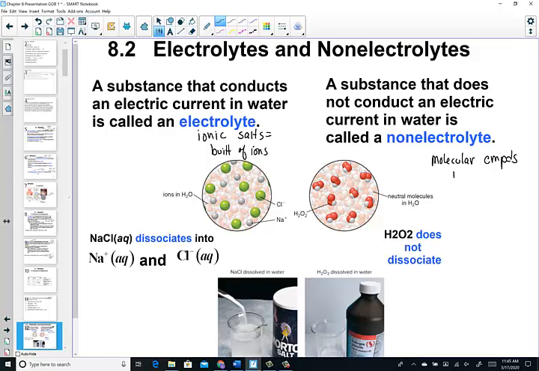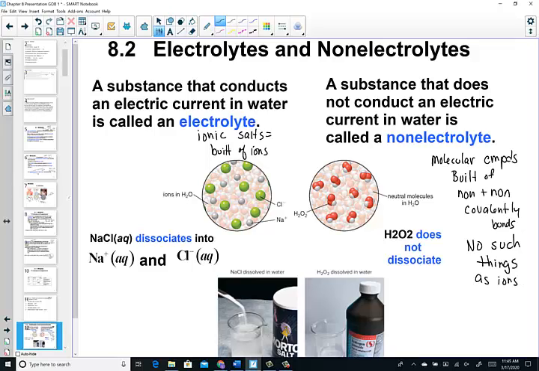Now let's just review a little bit. Remember how these are built of a nonmetal plus a nonmetal covalently bonded? Covalently bonded. That means they're sharing electrons. There's no such thing as ions in a covalent molecule.